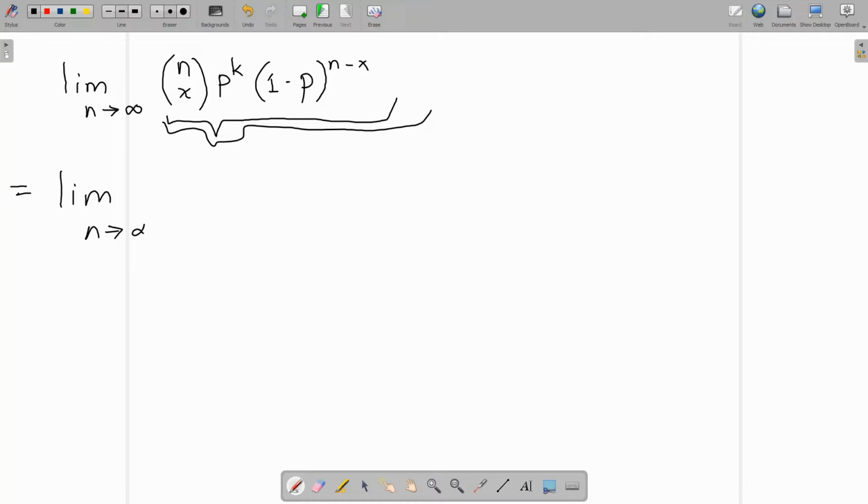So, limit as n approaches infinity of lambda over x factorial multiplied by 1 minus 1 over n, 1 minus 2 over n, let us use an ellipsis here, dot dot dot. I'm going to look at the previous page.